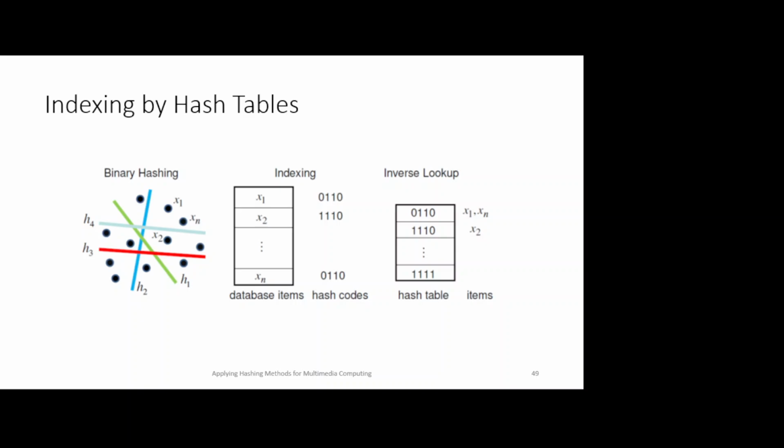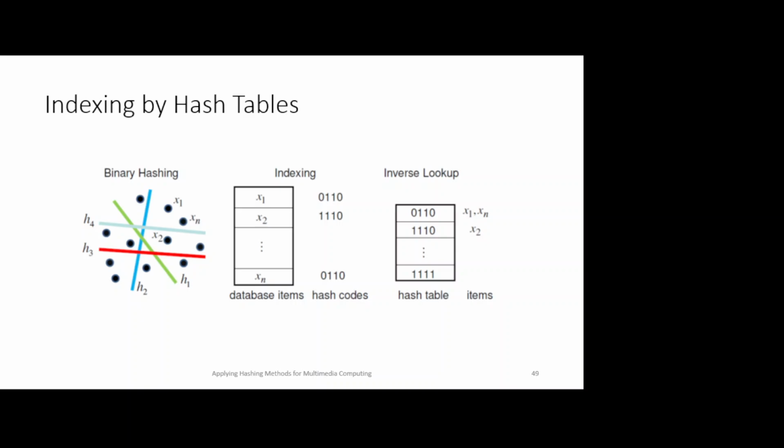Each line partitions the space into 2 subspaces, and according to which subspace a point belongs to, we give the code as 0 or 1. So with 4 hash functions, we generate 4 bits for each data point, and we can use the hash code to generate an inverted file system like this.